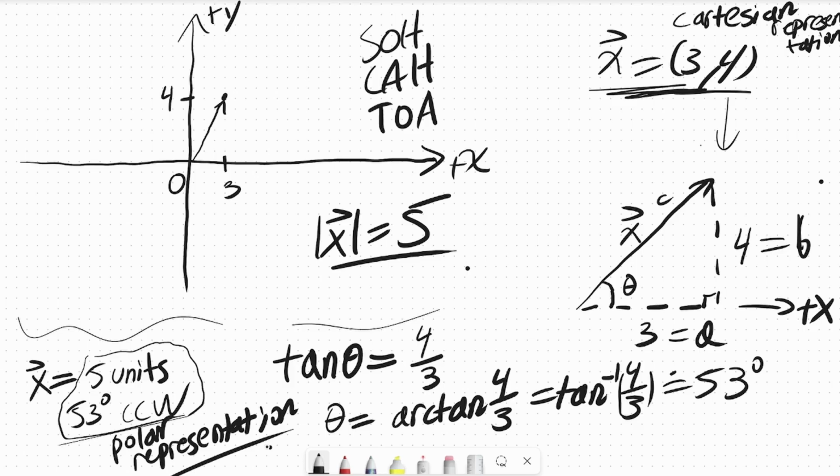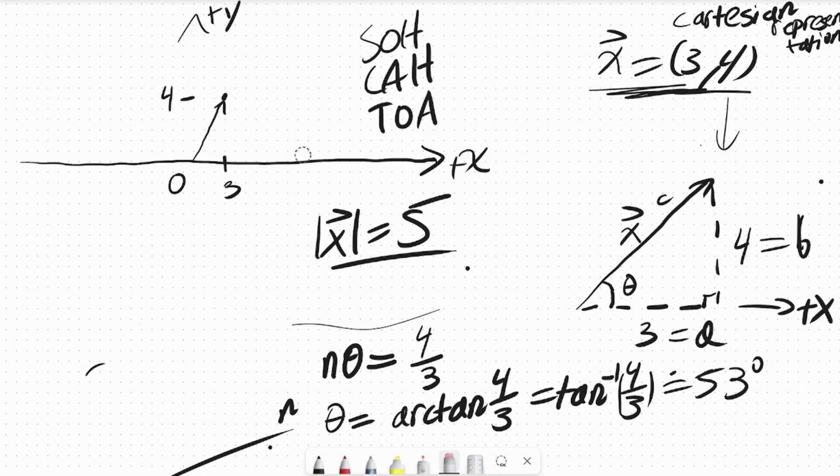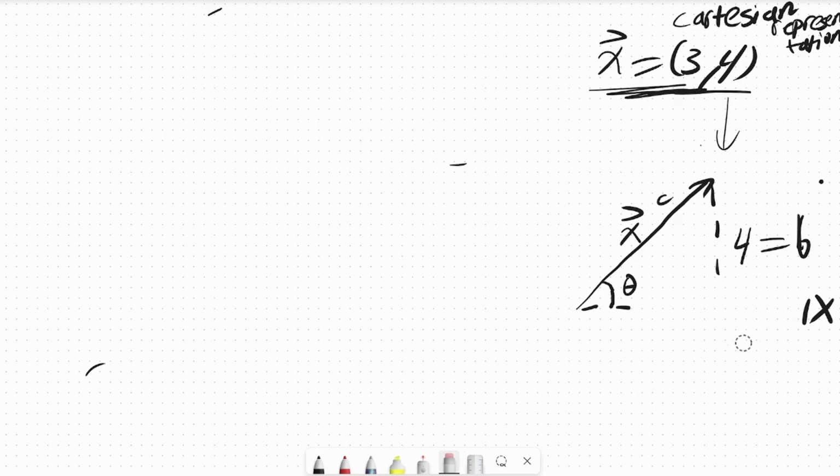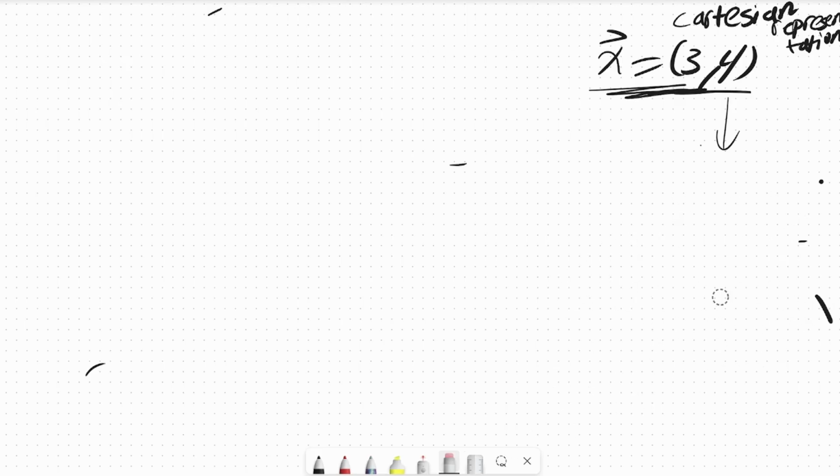So now that we know how to define, draw, and measure vectors, let's look at a couple of examples. Erasing all of this. Let's say that I'm in my bedroom. There's my bed.